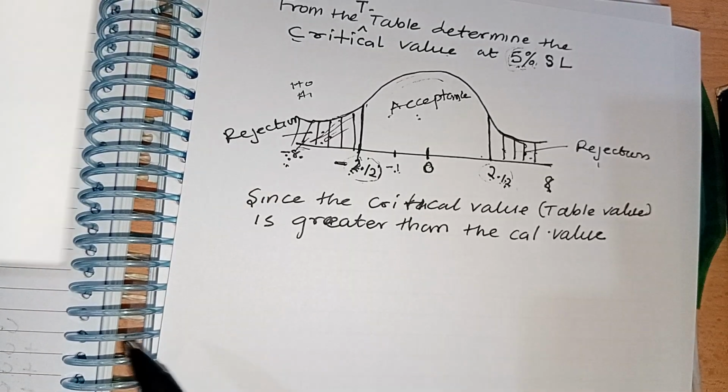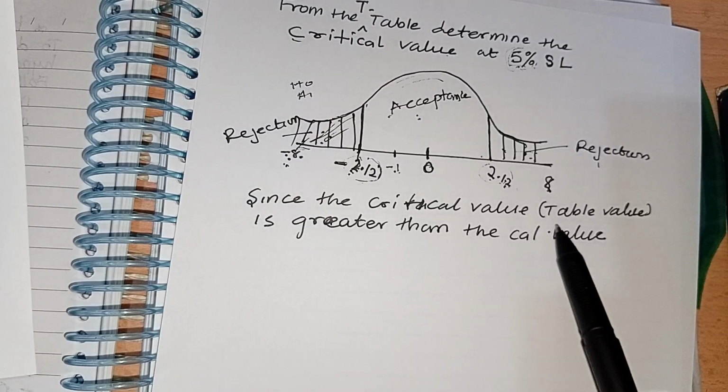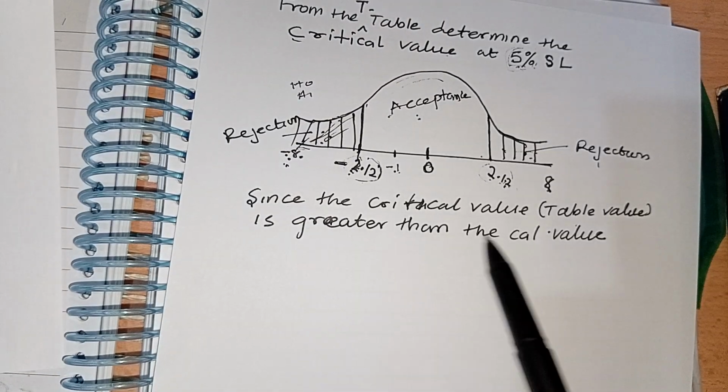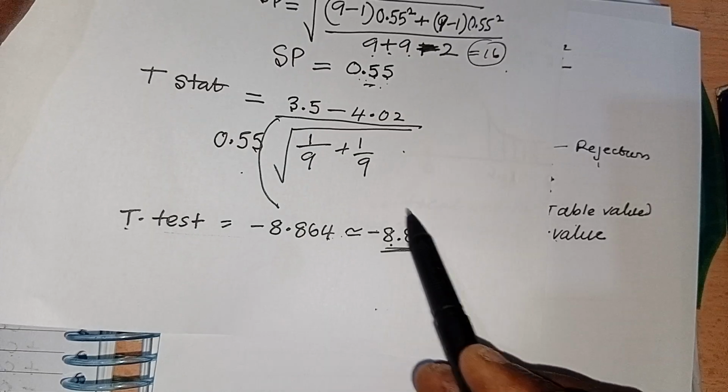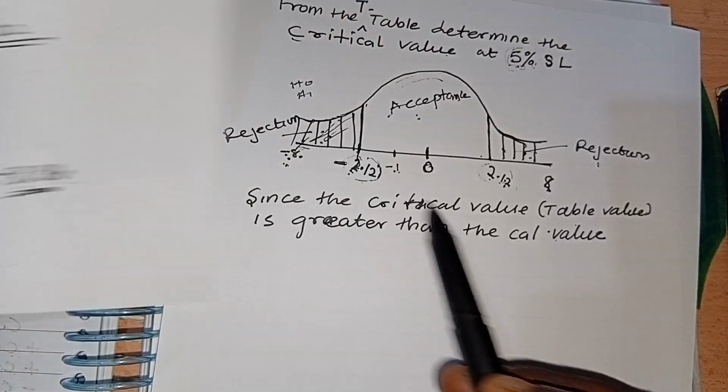The table value is greater than the calculated value, which is -8.8.